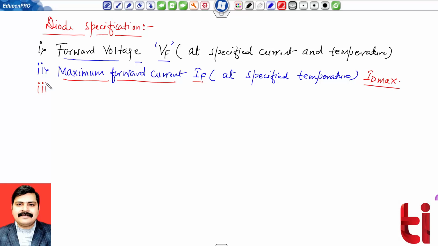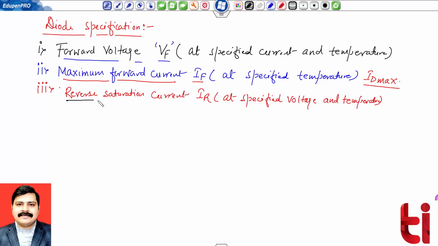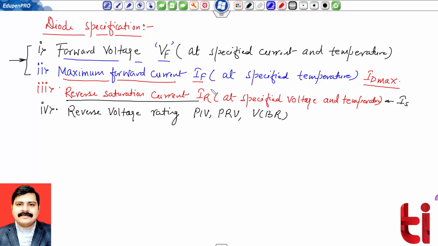And the next specification is reverse saturation current, IR. In fact, we have seen one more notation, so I'm writing that notation also, IS, which we have used most commonly. It is specified at some specific voltage and temperature. So next is reverse voltage rating. Like these first two are for forward bias, these two are related to the reverse bias of the p-n junction diode.